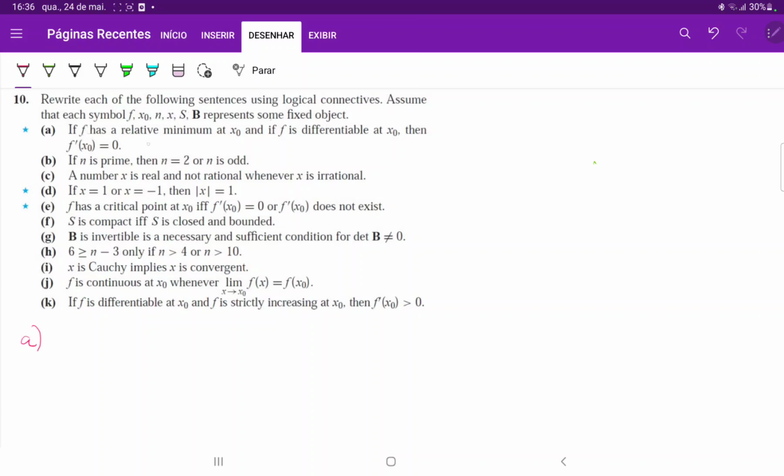Where p is our f has a relative minimum. So I'm going to put f has relative minimum if this and f is differentiable at x naught, and then f prime of x naught is equal to 0.